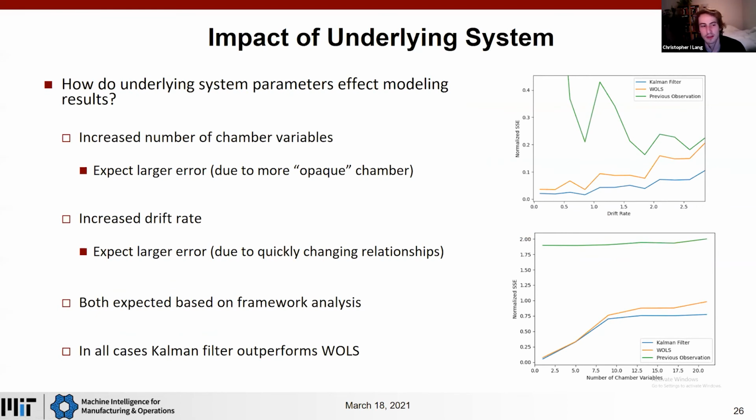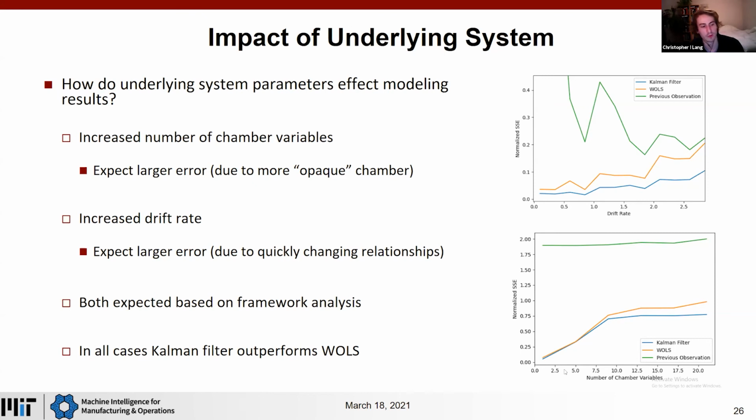Also, one interesting thing to look at is how the drift rate of the underlying system and the number of chamber variables impact performance. This is similar to what I showed before with the theoretical opacity and drift errors: increasing the drift rate hurts the performance of both the Kalman filter and WOLS, but the Kalman filter still performs better than WOLS regardless of how you choose the drift rate.